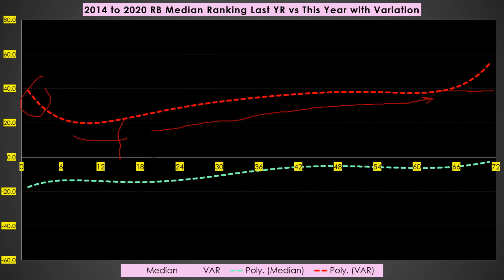And here's the actual median of the fantasy points from last year's rankings. We see that's actually getting smaller towards zero, but we're getting more variation as well.